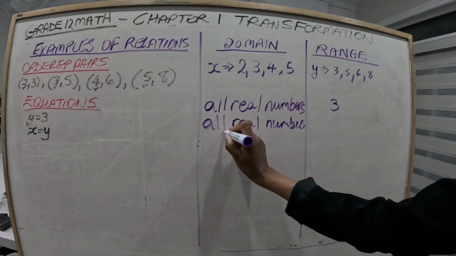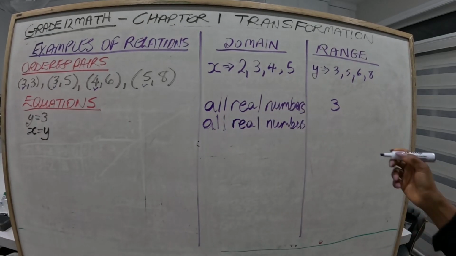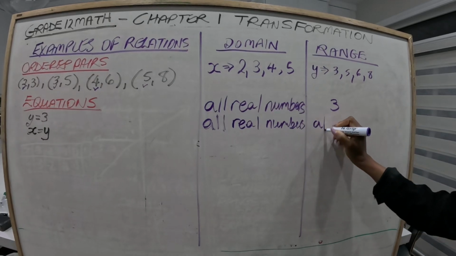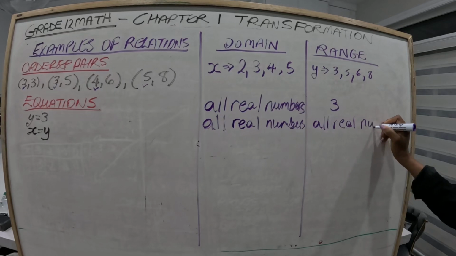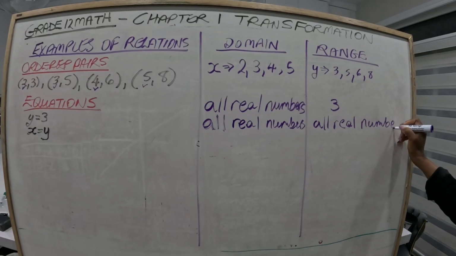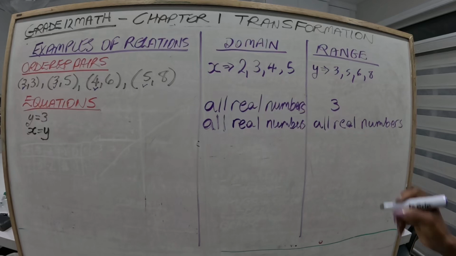If the domain is all real numbers, then the range must be the same, all real numbers. Because for every value of x, y will always be the corresponding value. As I show you in the graph, every time you input the value for x, which is the domain, the output, which is the range, will be y.